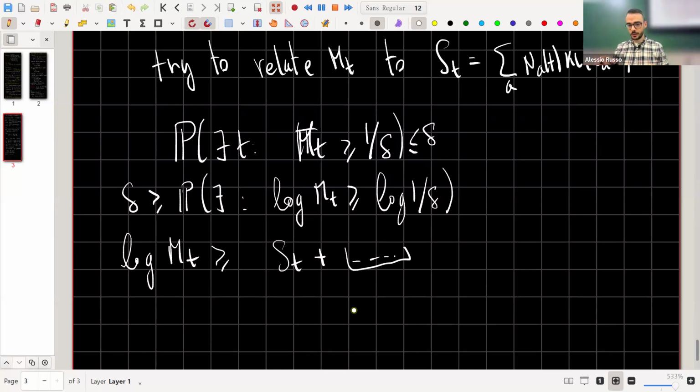So what we will do now is compute the integral and then try to find the lower bound. If we find a lower bound, then the probability of this quantity being bigger than log 1 over delta will be a lower bound of this probability. So ultimately, we have that delta is still an upper bound.